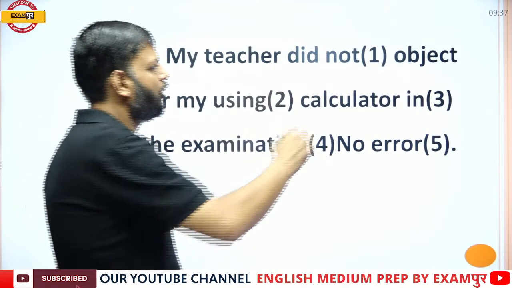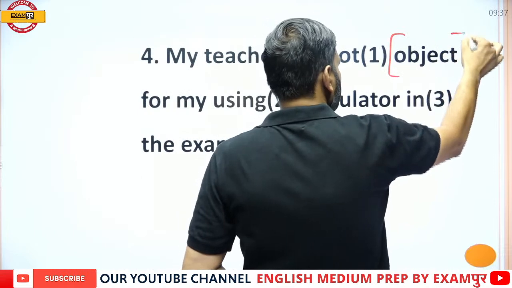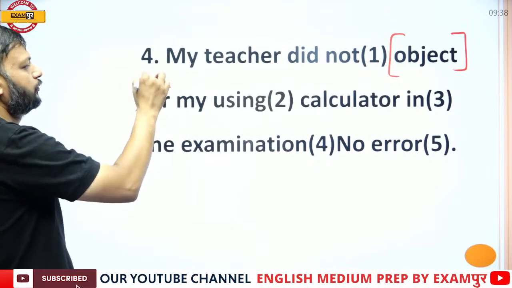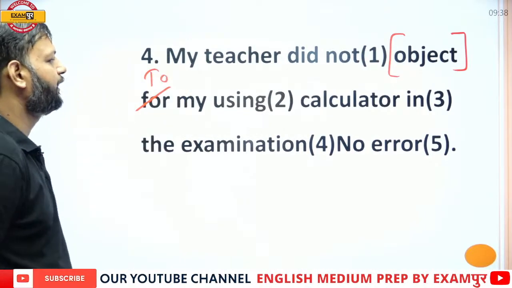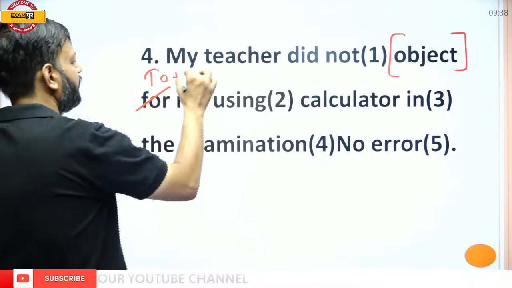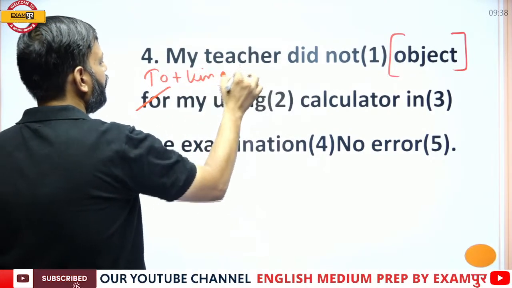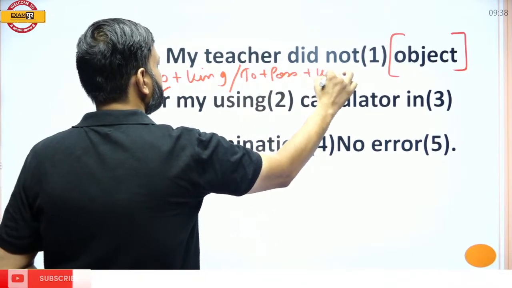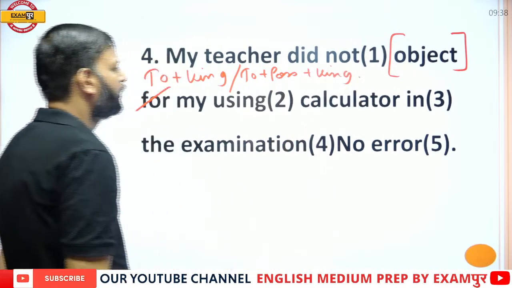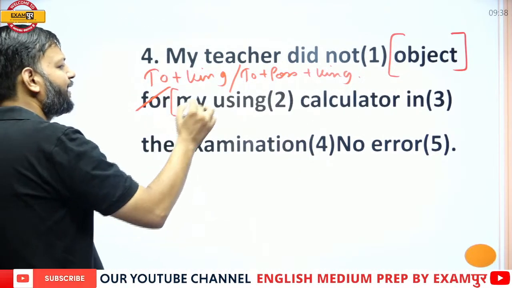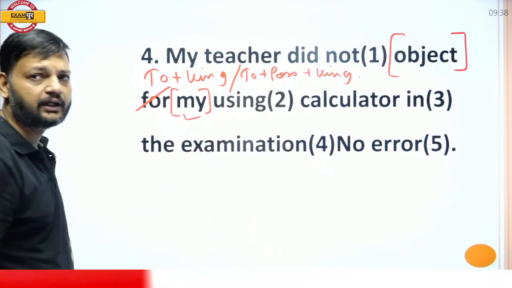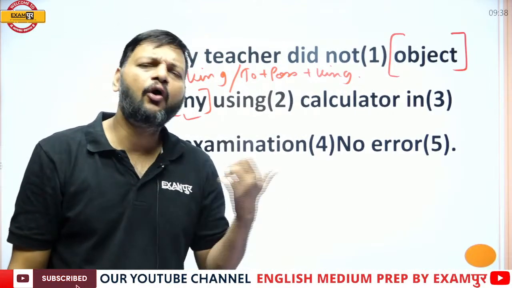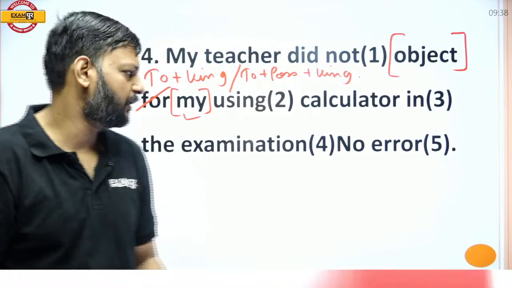See, the word object is always followed by to plus gerund, or to plus possessive plus gerund. So if you think that the word my is wrong here, it is absolutely correct, because object is always followed by to plus gerund, or possessive can also be used there.